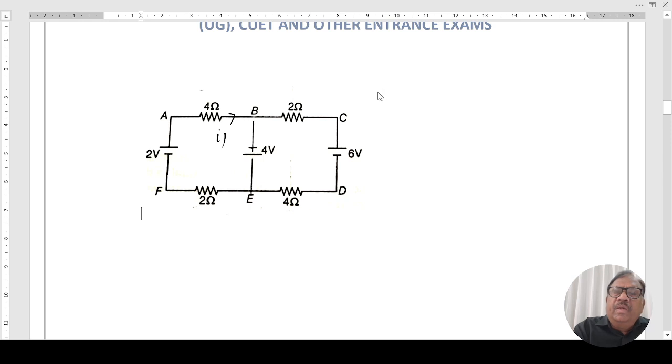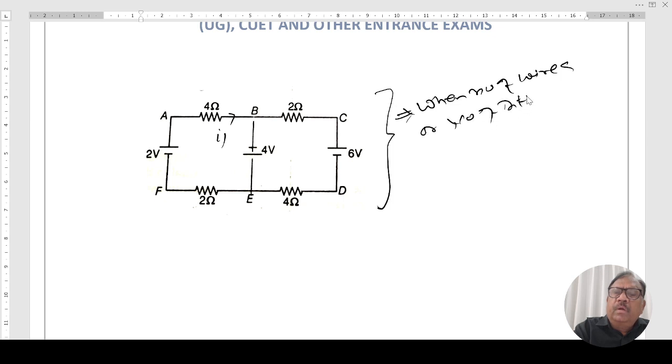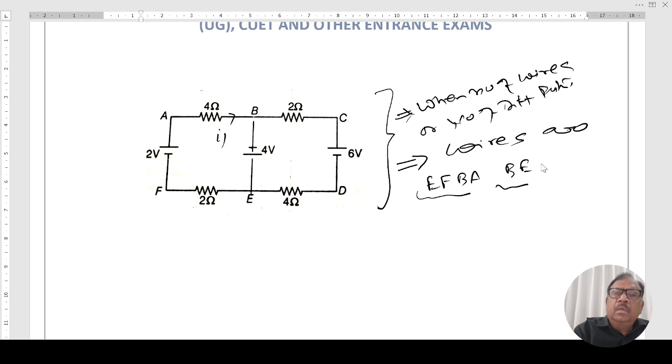In this concept of complex circuit, when number of different paths for flow of currents are there, here the wires are E, F, B, A; B, E; and B, C, D, E. So this current is I1, this current is I2, this current is I3.